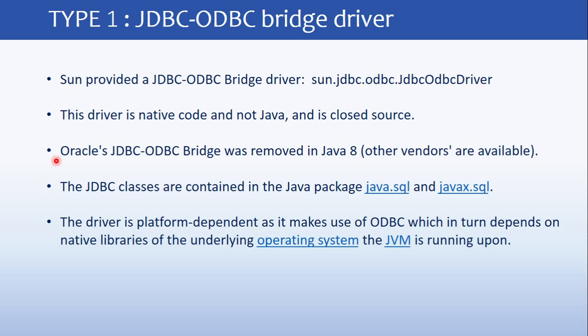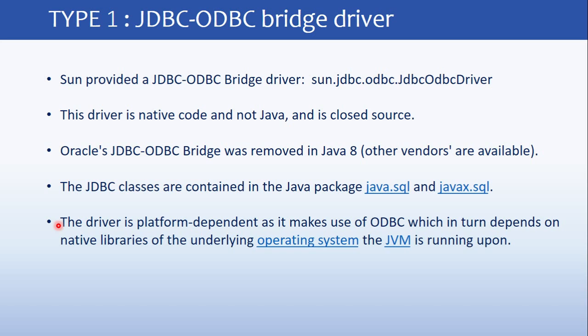So if you have Java 8 installed on your system and try to use the type 1 driver, it is not compatible or useful in Java 8. It may be useful in previous versions of Java, but not Java 8. Next, the JDBC classes can be found in the Java packages java.sql and javax.sql.